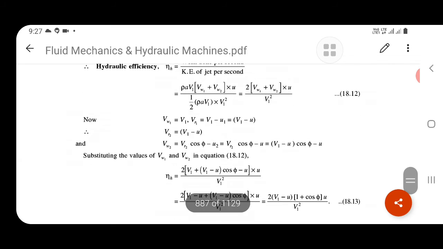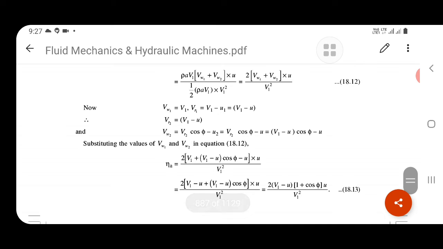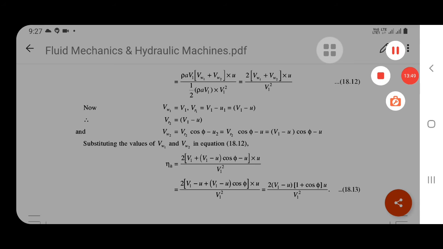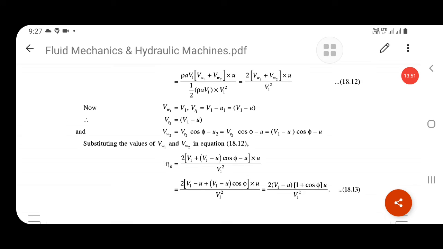So in that, VW1 is V1, VR1 is equal to V1 minus U. With the help of that, VW2 is VR2 cos phi minus U. So put in the equation VR1, VW1 and VW2.